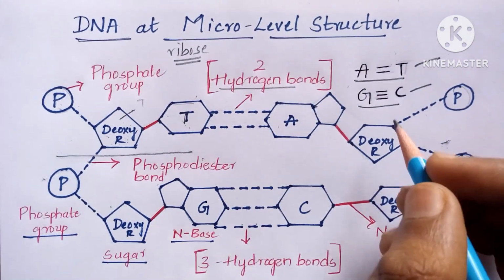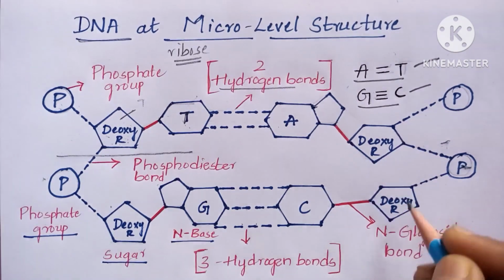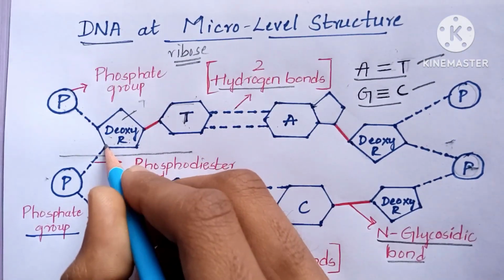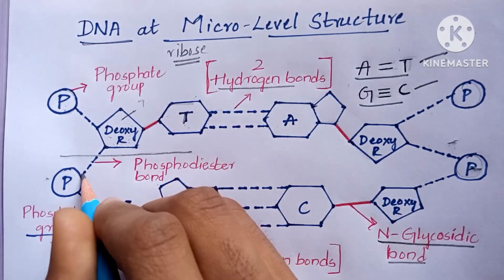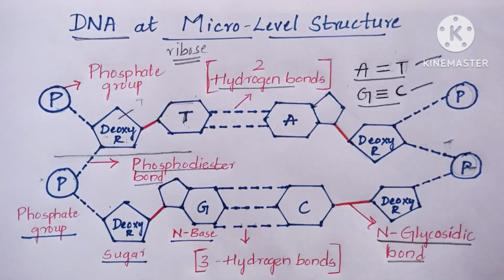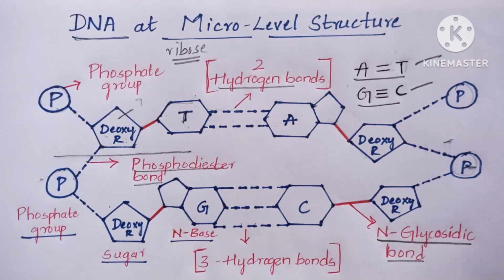The bond between the nitrogen base and the sugar molecule is known as the glycosidic bond, and the bond between the sugar molecule and the phosphate group is known as the phosphodiester bond. Now let us further know more about the purines and the pyrimidines.